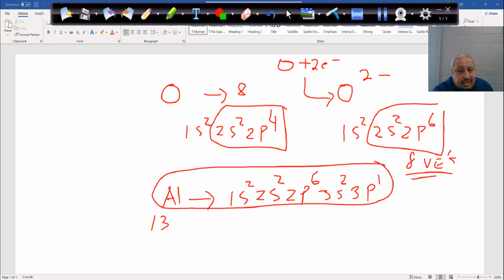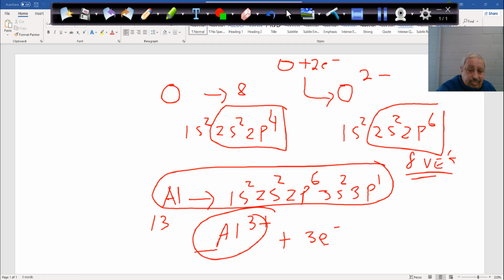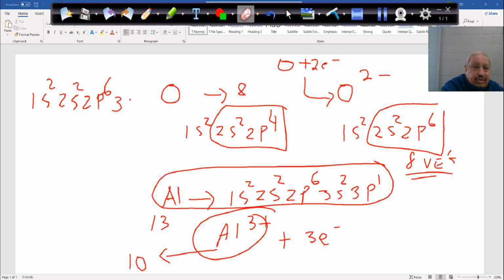Now Al3 plus will lose how many? It will lose 3 electrons, so it will come out to be 10 instead of 13. So that will be 1s2, 2s2, 2p6, that's 10, and no 3s, so that's it.